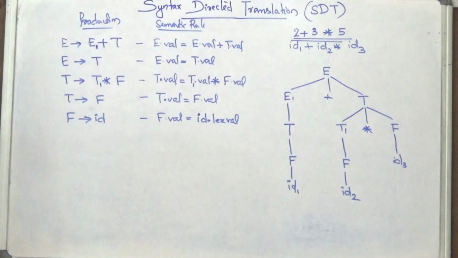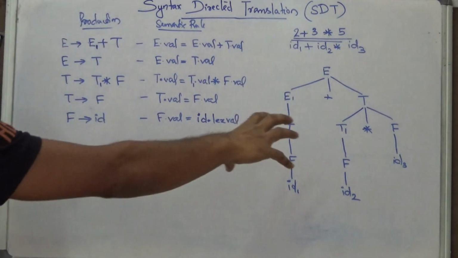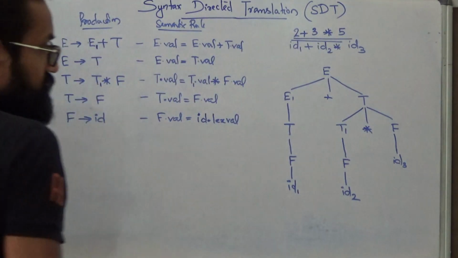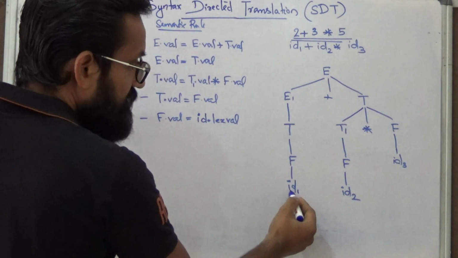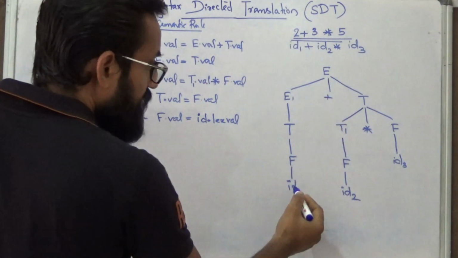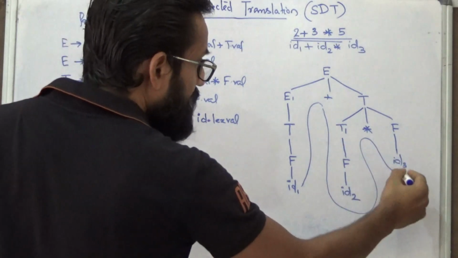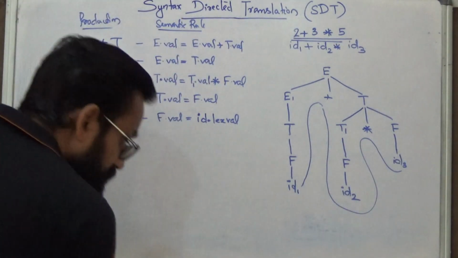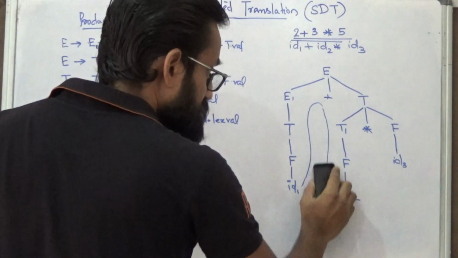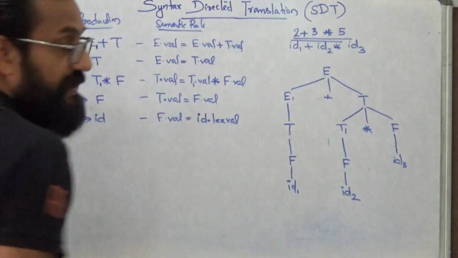So this will be the result of the syntax analysis phase if it receives this sequence of tokens, and this syntax tree will be generated based on this grammar rule. If you consider the yield of this parse tree, if you walk across the leaf nodes from left to right, you will get id1 plus id2 star id3.